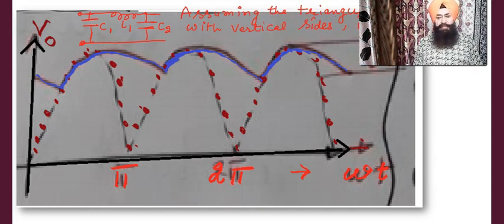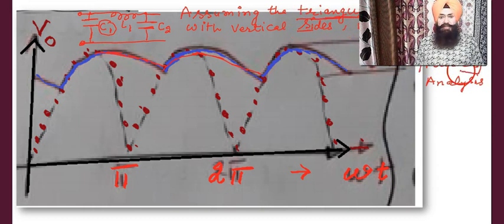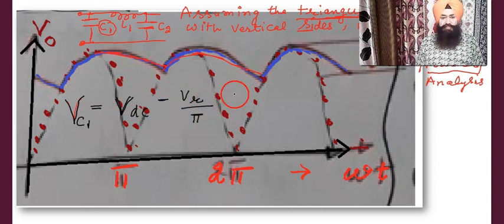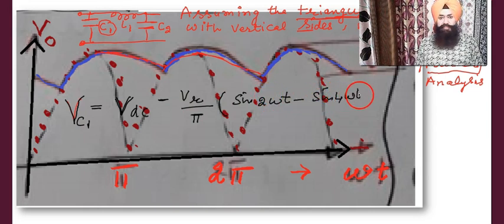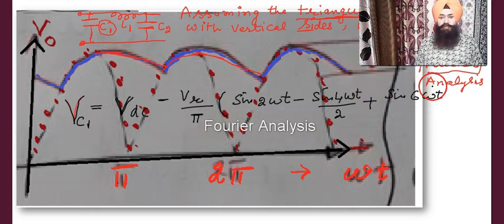So we can apply the Fourier analysis for a triangular shape. The Fourier analysis tells us that the output will be mixed.